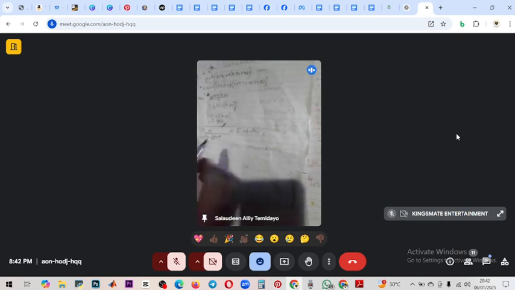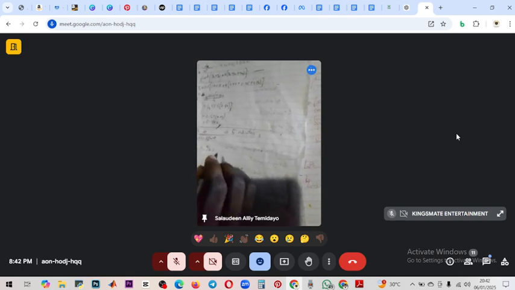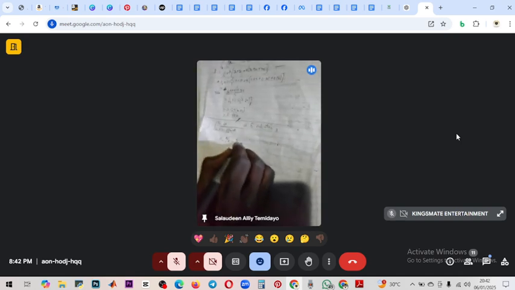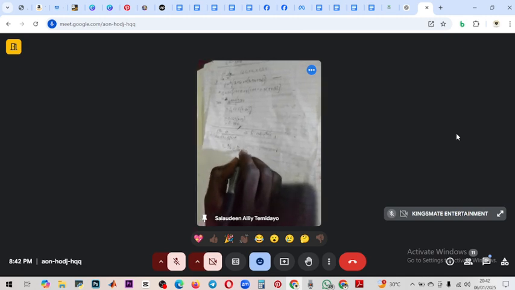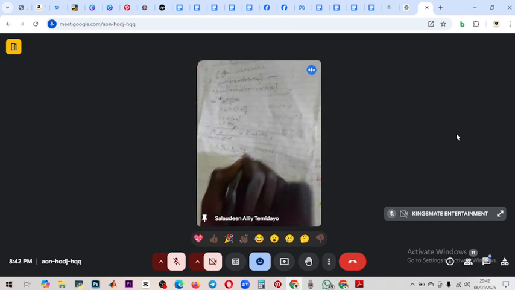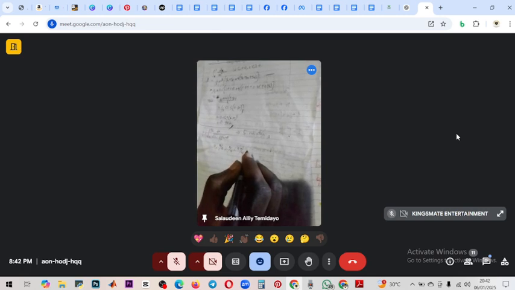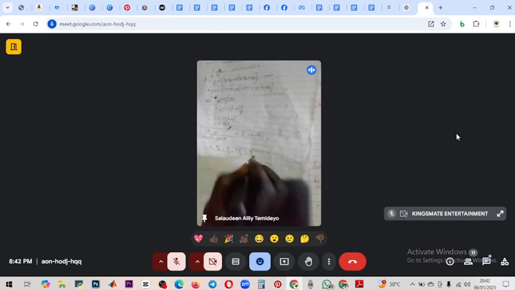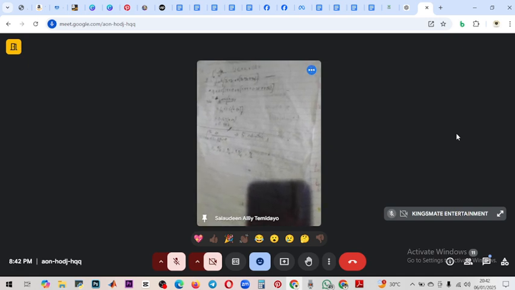The next one can now be pi over 8. The next one, pi over 4. The next one, 3 pi over 4. The next one, pi over 2, and that is the last one. So this is already 5 ordinates.